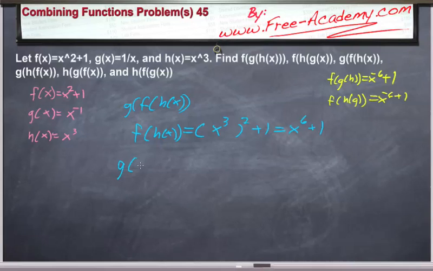And now when we find g of f of h of x, it's the same as finding g of x to the 6th plus 1, which is equal to 1 over x to the 6th plus 1. So g of f of h of x equals 1 over x to the 6th plus 1.